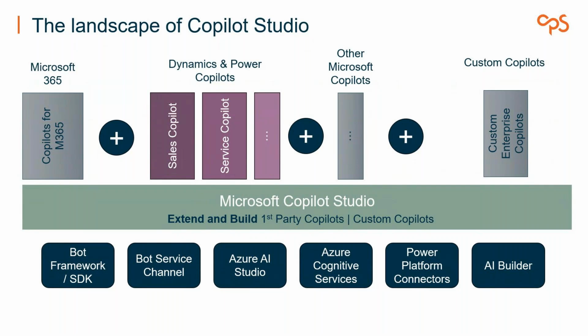And then when we start to think about it, we start moving into the custom enterprise copilots route. And that is where there are lots of different ways that you may build up a custom copilot. So we have the bot framework that enables us to create bots and use professional development to enhance our experiences. We have a bot service channel to embed it within Microsoft Azure and the different services that we may wish to interact with.